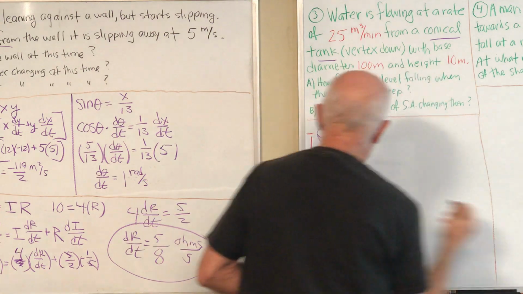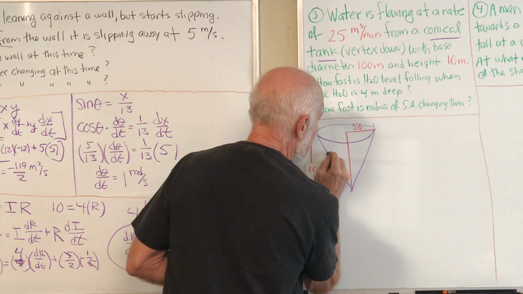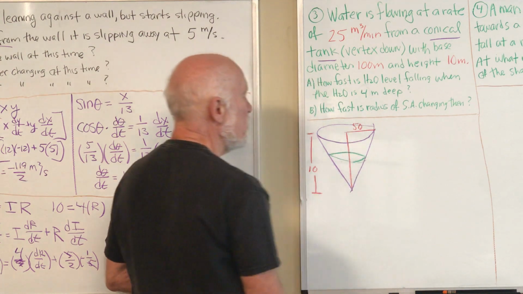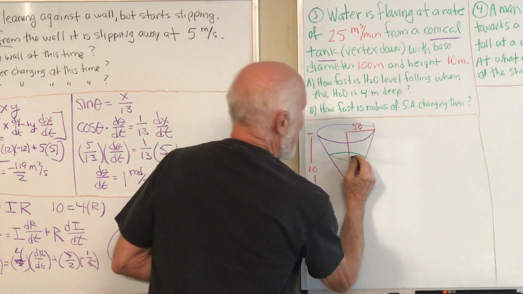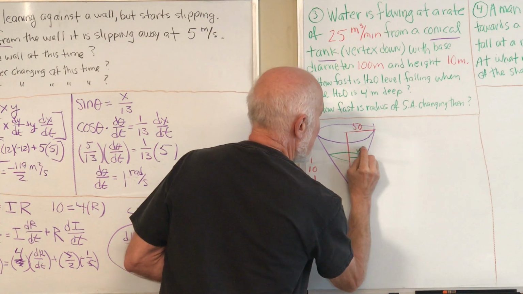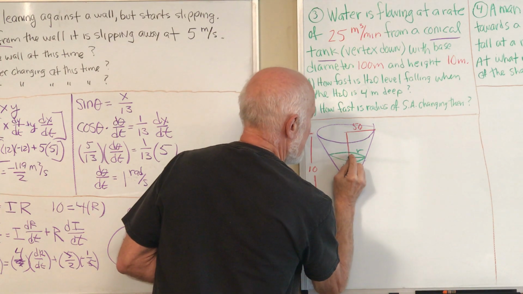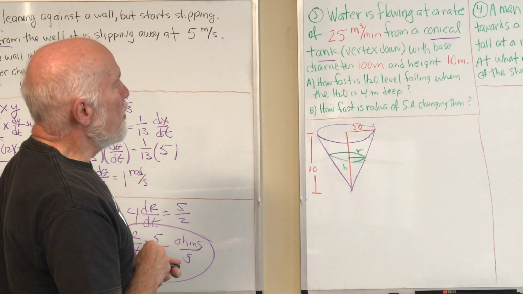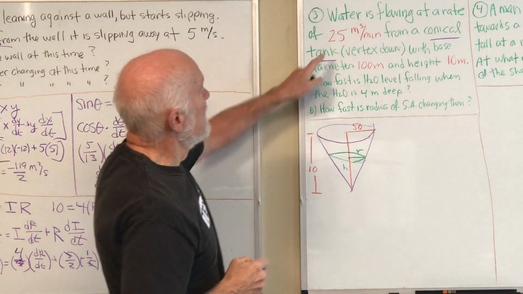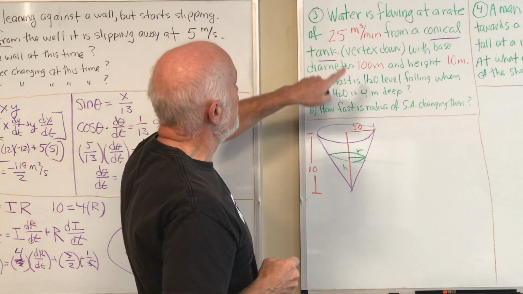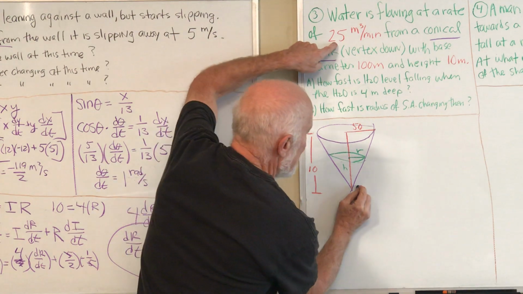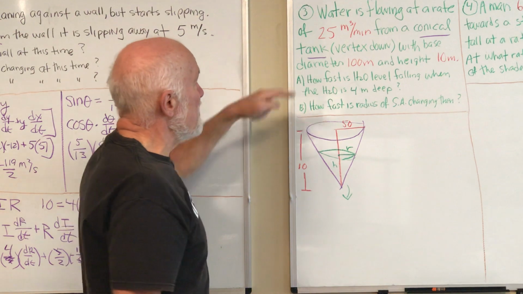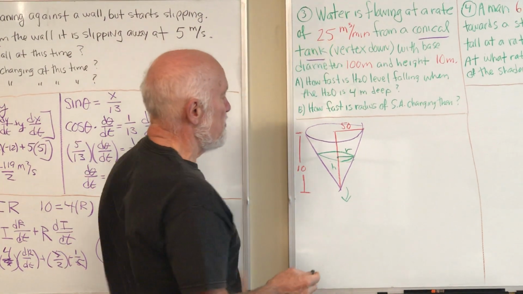So I'm going to put some water in here. And what do we know about the water? It's going to have a radius and a height of that water. And we know that water is flowing at a rate of 25, so it's actually coming out of the tank, maybe going into some processing plant at 25 cubic meters per minute.